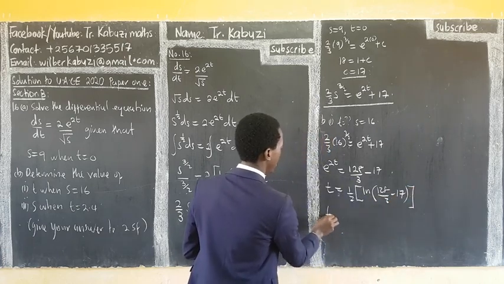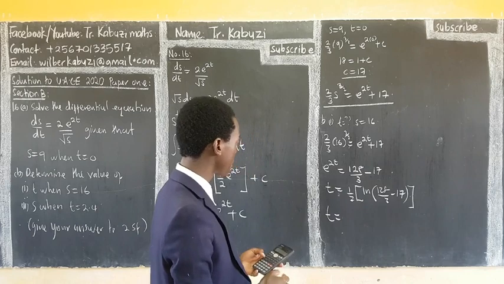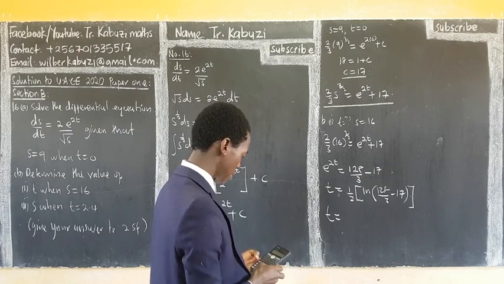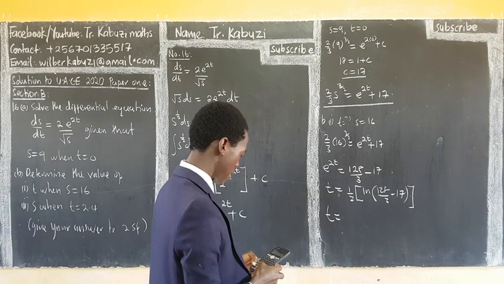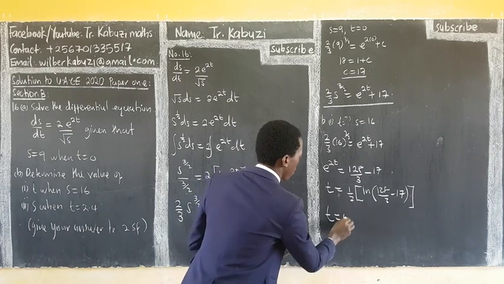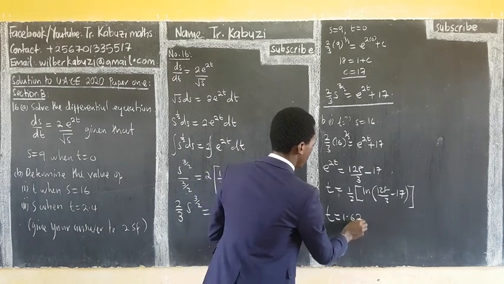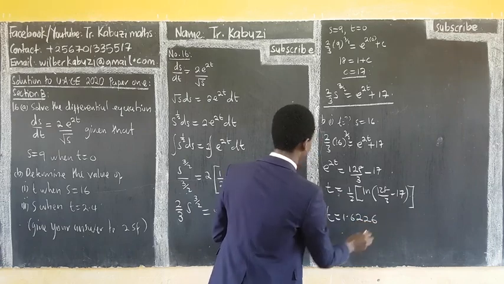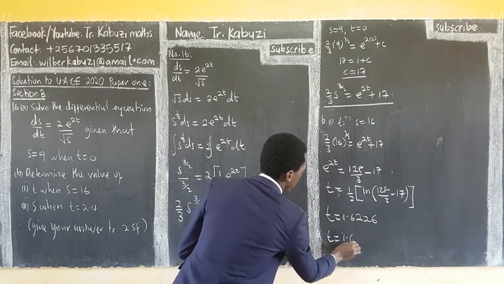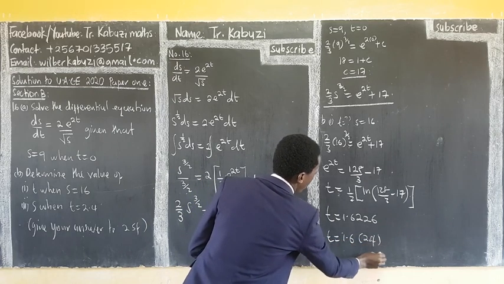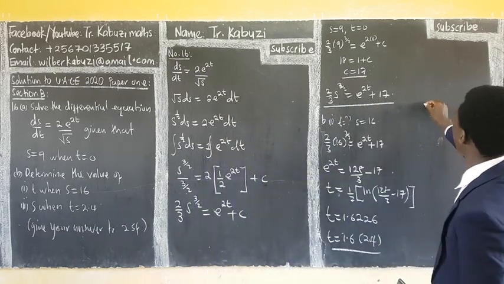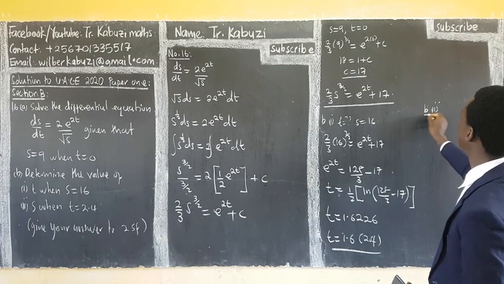So here our t is going to be now, this one is giving me 1.6, to significant figures. I want to see significant figures. So my t is 1.6 to significant figures. Significant figures just count 1, 2.